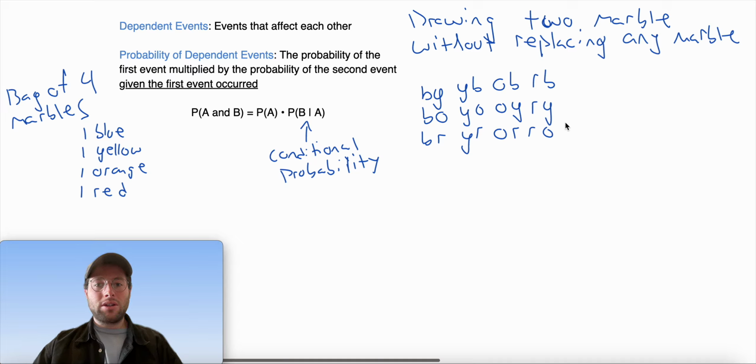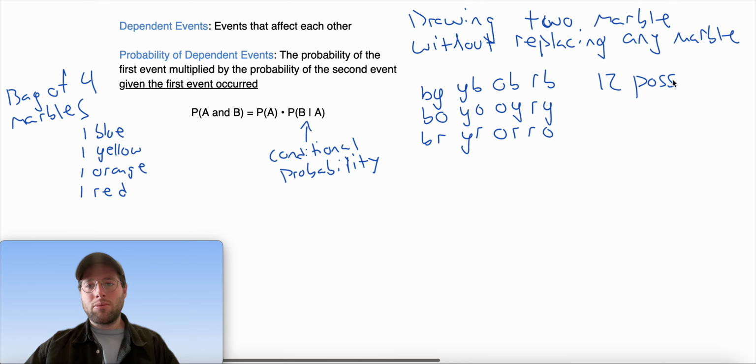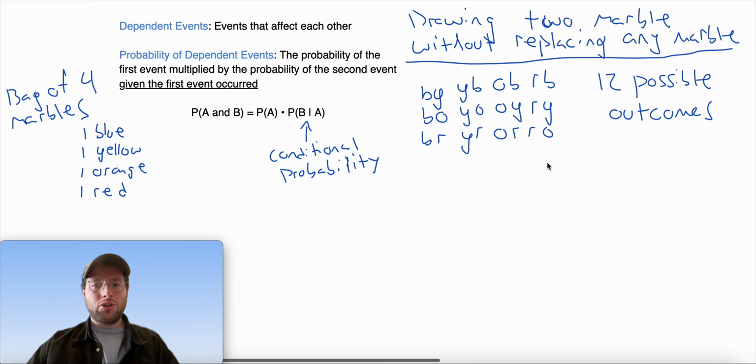So this is our sample space here, and let's notice that we have 12 possible outcomes. I'll draw a line here to separate that. All right, so with 12 possible outcomes, and like the previous one, I also wanted to point out another way to see how many possible outcomes we have.